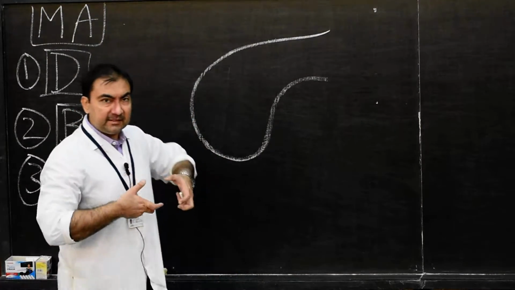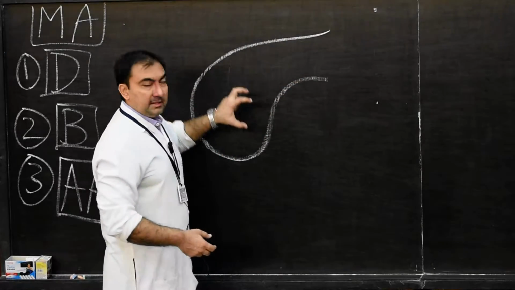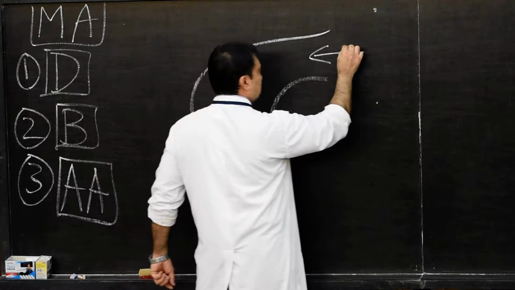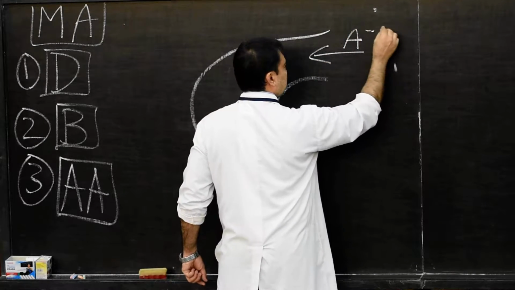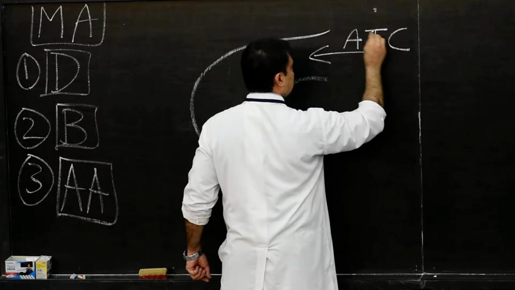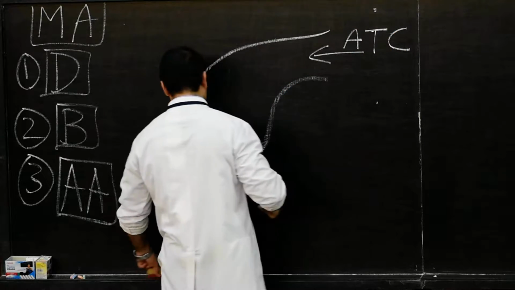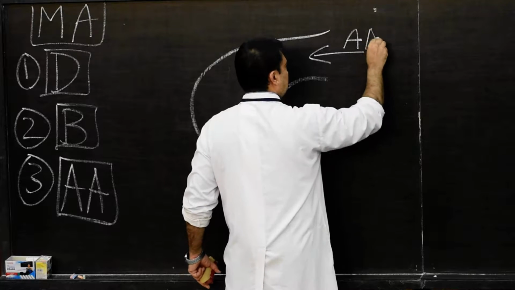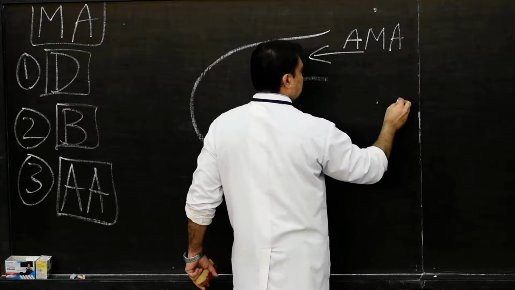It is a posterior extension of tympanic cavity. So therefore, this communication will be through adytus to tympanic cavity, or rather known as adytus to mastoid antrum. From which side?